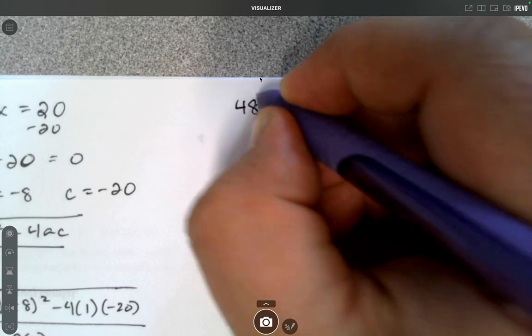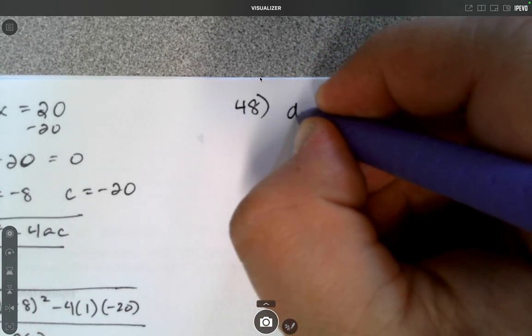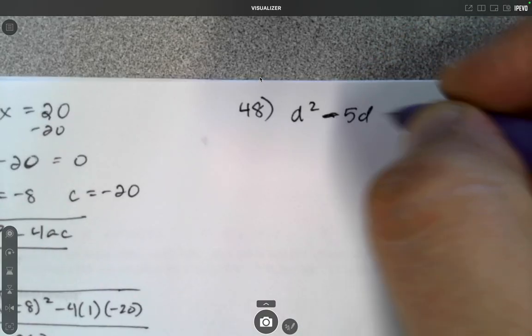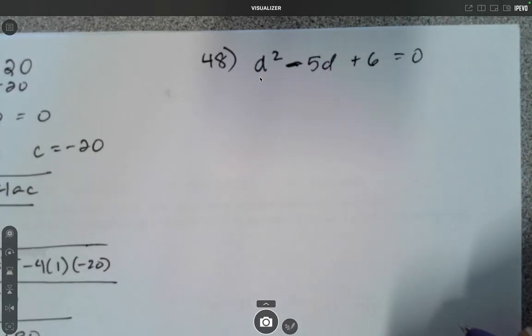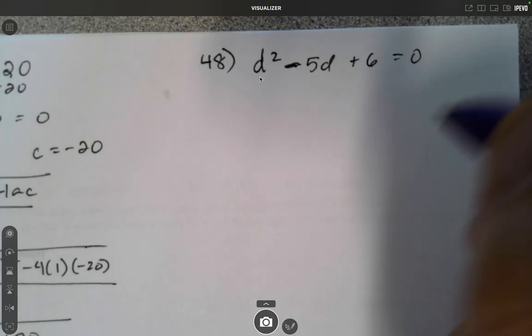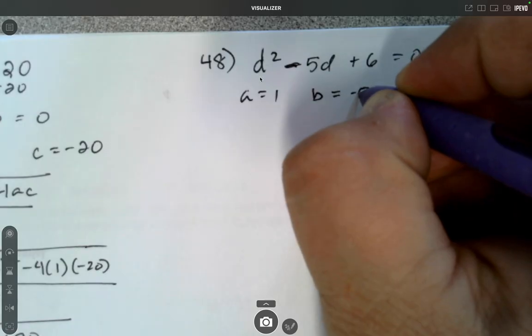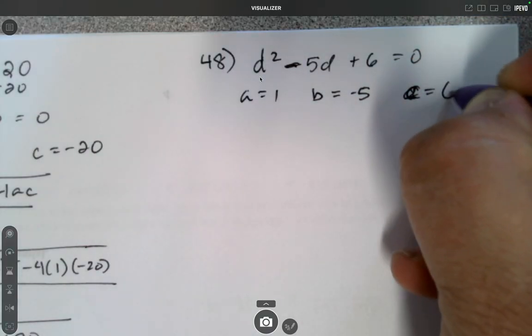Number 48. We'll do the same process using the quadratic formula, and hey, look, this one, nice enough, is already in standard form. So our A is equal to 1, our B is equal to negative 5, our C is equal to positive 6.